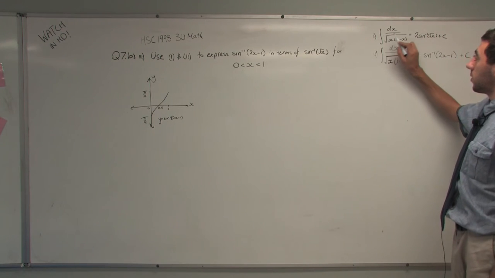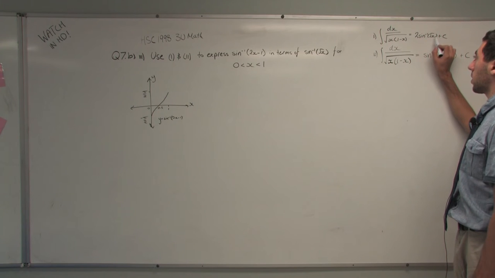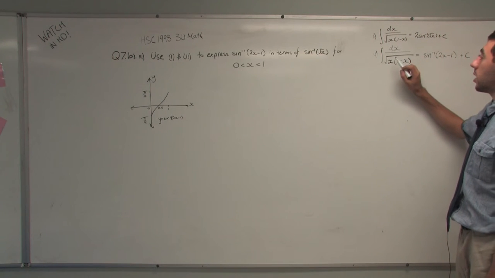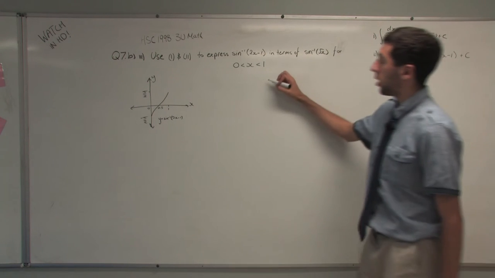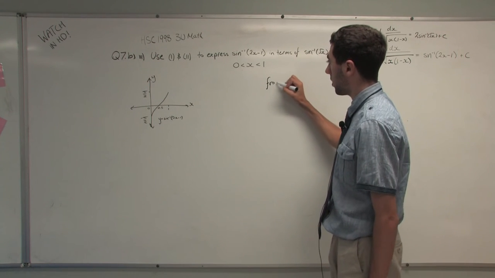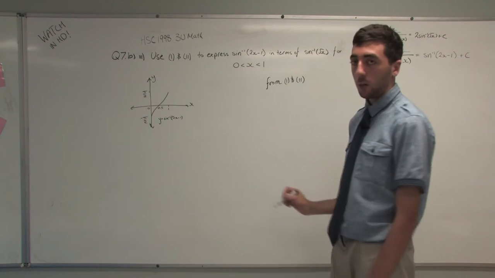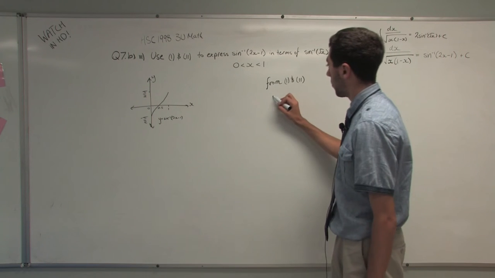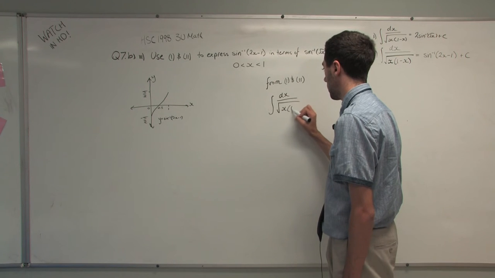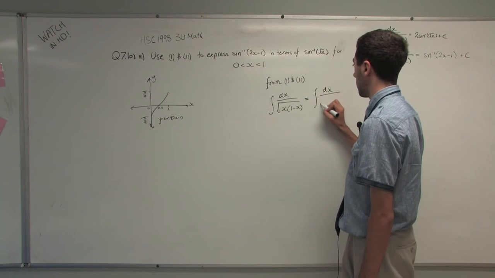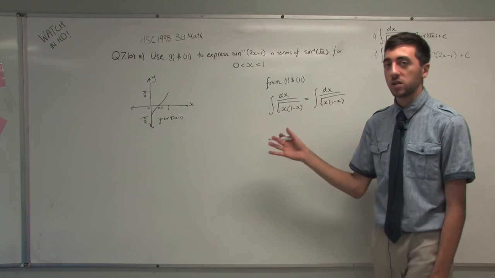From part I, we find the integral of this is equal to 2 sine inverse of the square root of x plus c. And in part 2, we found that the same thing is also equal to sine inverse 2x minus 1 plus c. So we're going to equate these because they're from the same integral. So from part I and II, dx over the square root of x, okay, so something is equal to itself.